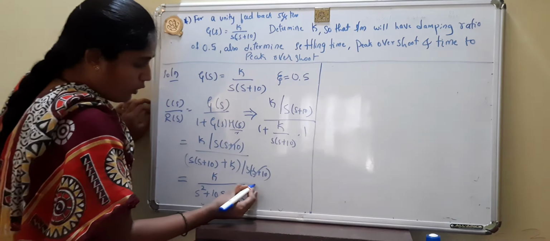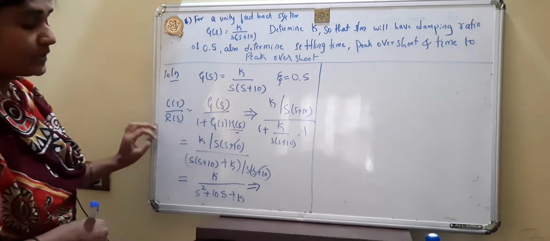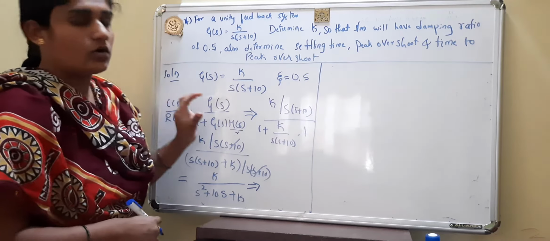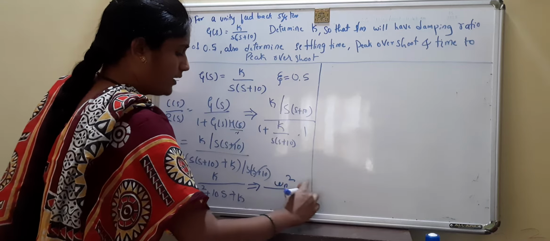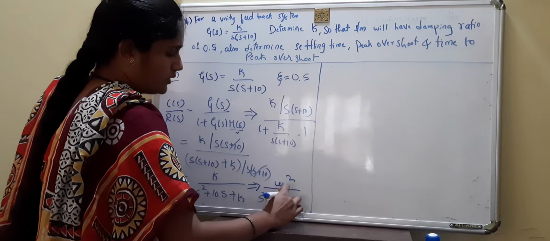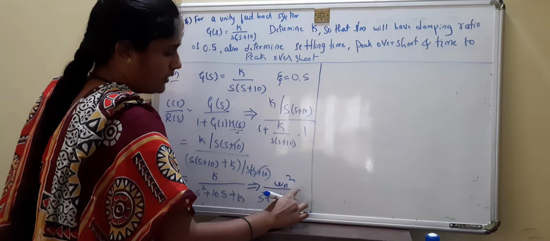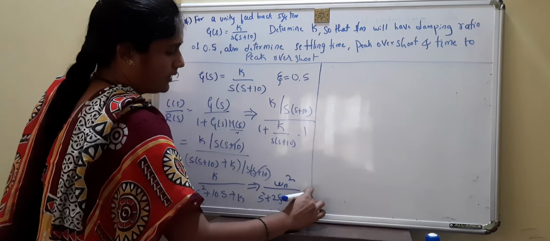Okay, now we have to compare this equation with the standard second order equation, that is omega n square divided by s square plus 2 zeta omega n s plus omega n square.